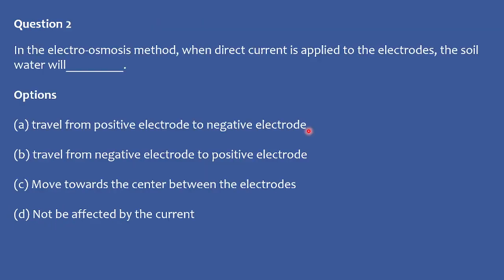Going to the next question. In the electroosmosis method, when we apply a direct current to the electrodes, in which direction will the soil water move? Here are your four options.